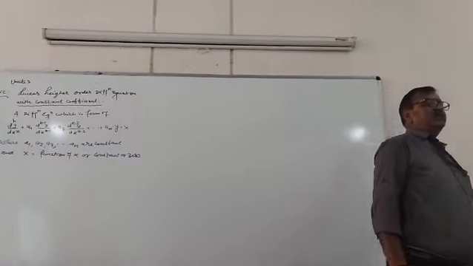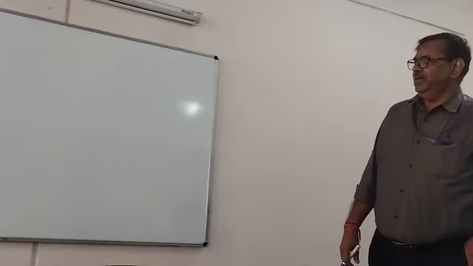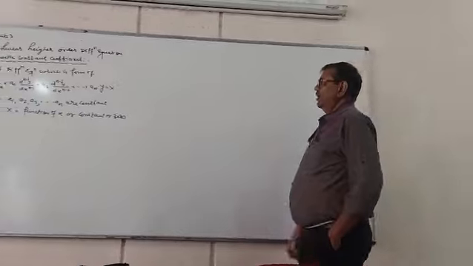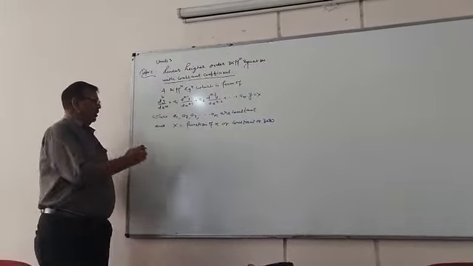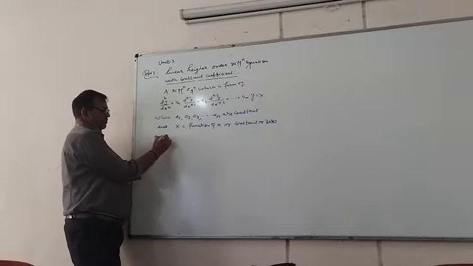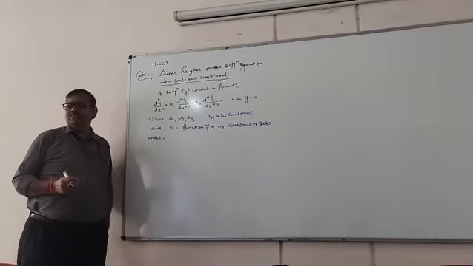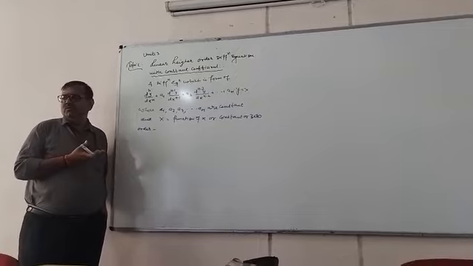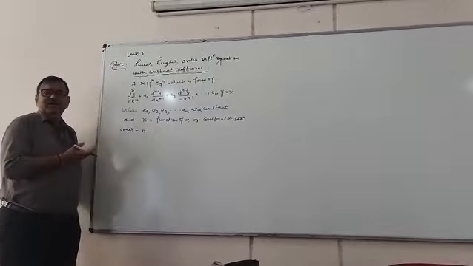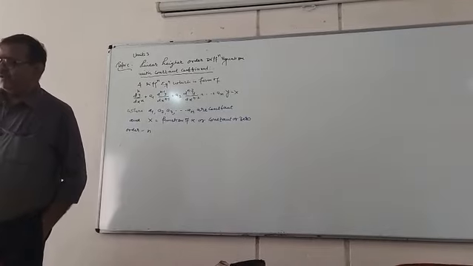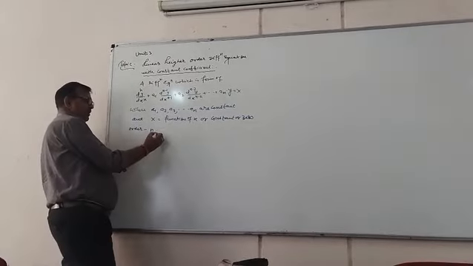Linear higher order differential equation with constant coefficient. What is the order of this equation? Order? N, sir. That is higher? Yes, sir. Greater than 1, that is called a higher order. Degree?